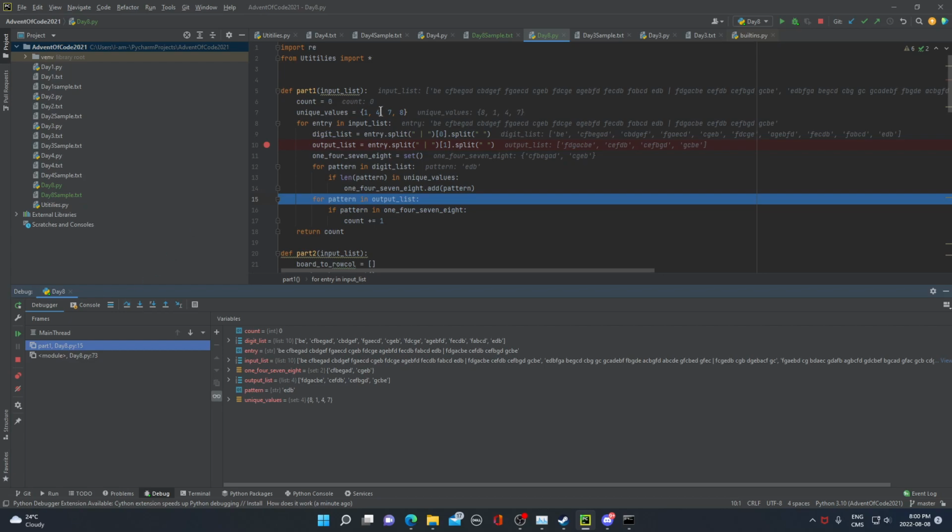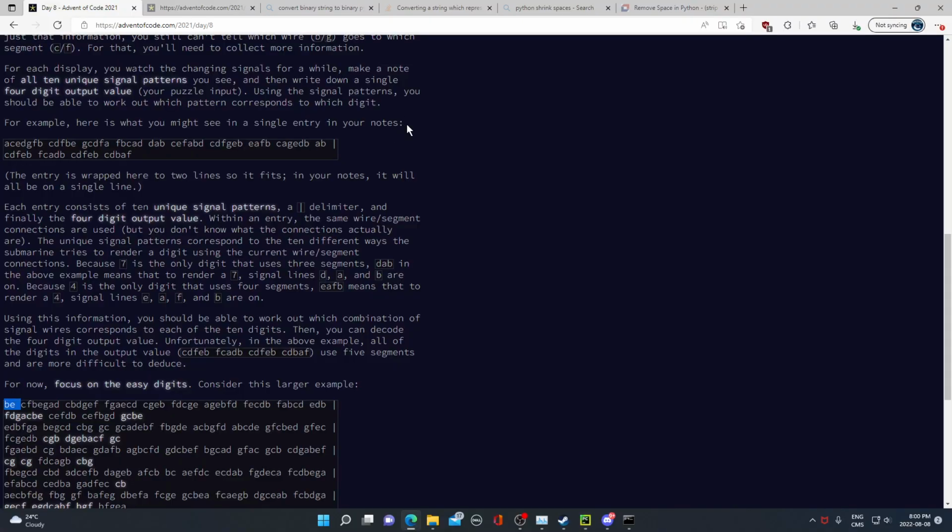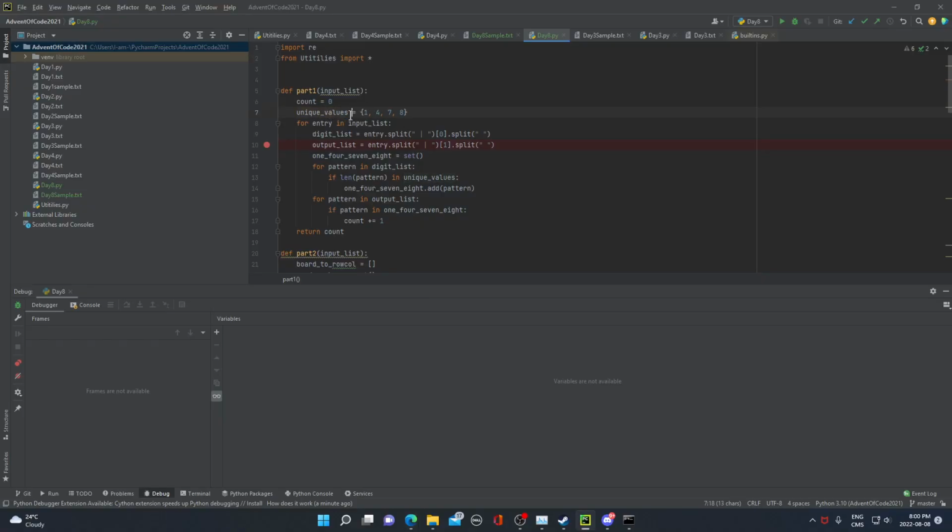Unique values 1478. The problem is we're comparing the length of the pattern with these. We don't want to do that. Should actually be unique lengths.